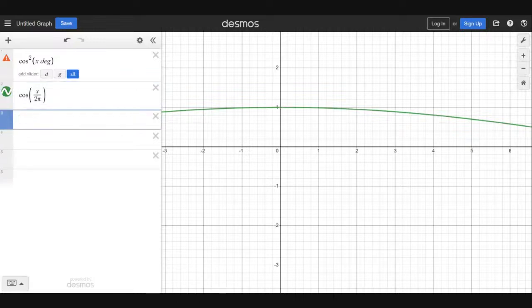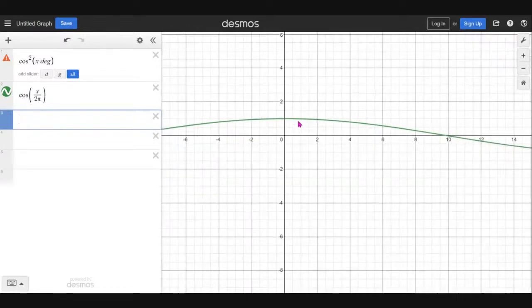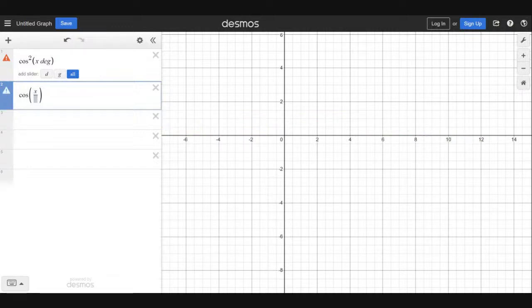Maybe 360? I don't know. No, it's fine with the radians. We can still read it.